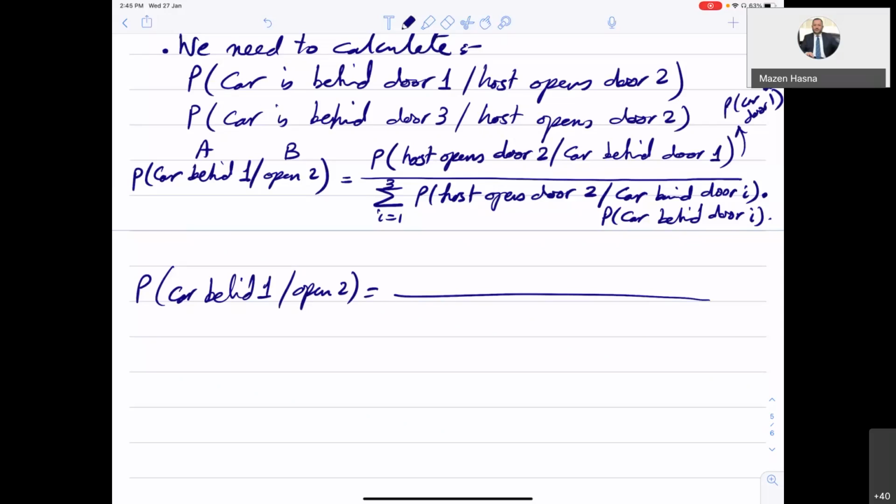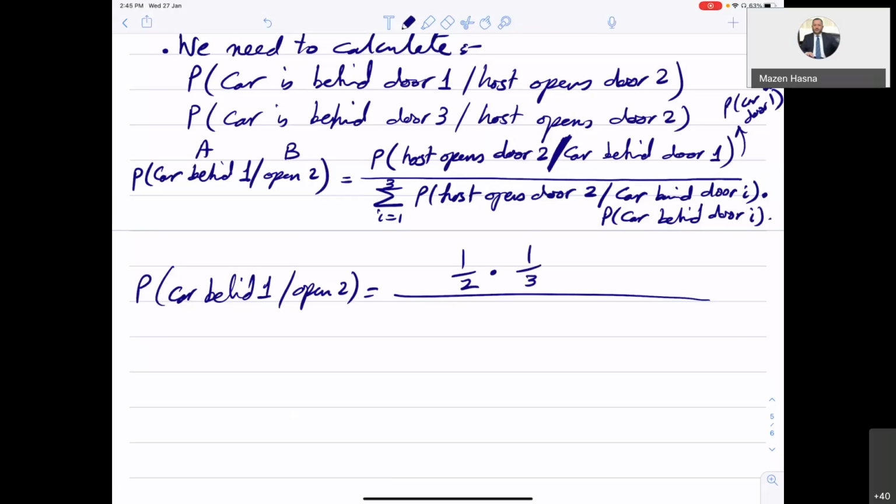So if the car is behind door 1, remember we are conditioning on the fact that the car is behind door 1, then the host has a 50-50 chance. He can open 2 or he can open 3. So this is 1/2 times the probability that, in general, the car is behind door 1. When we start, what's the probability that the car is behind door 1? 1/3. Right.